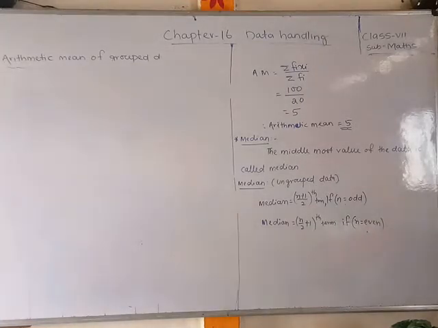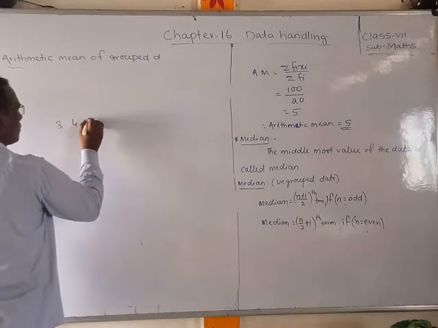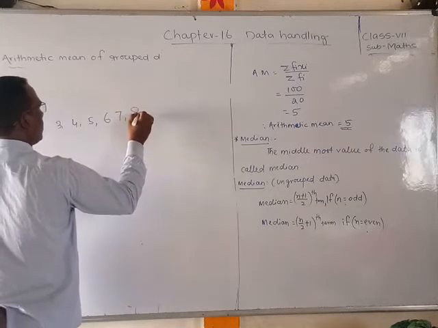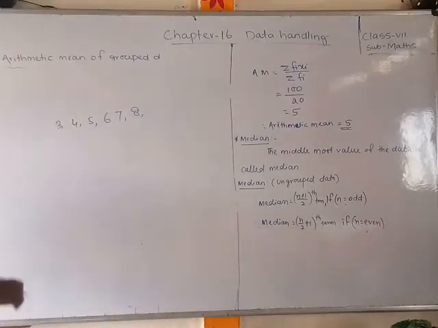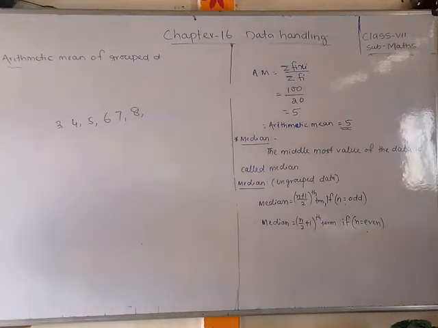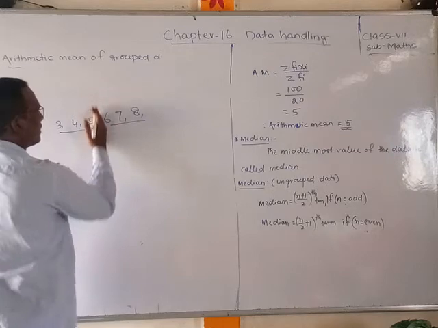Look here, students. I will explain how we can find the median in the other case also. Suppose 3, 4, 5, 6, 7, 8. Now this is one array of data. Which one is the median? In this case you will get confused, because if you take this side and this side, there is no single median.